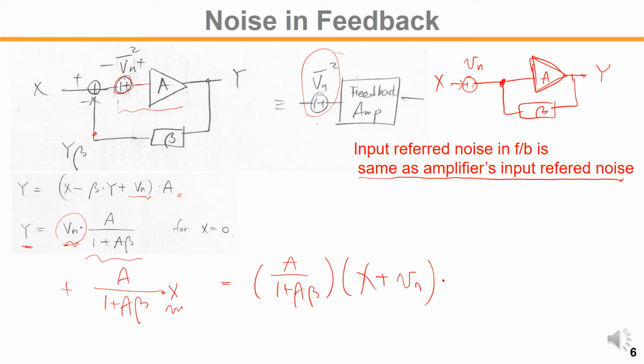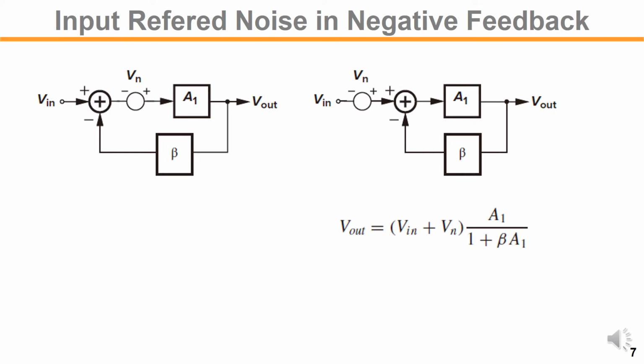This is something that you can think of, right? So with negative feedback, the noise inside the feedback can be just modeled as outside of the feedback, as I showed before, right? Shown here. So the input reference noise is summarized like this.